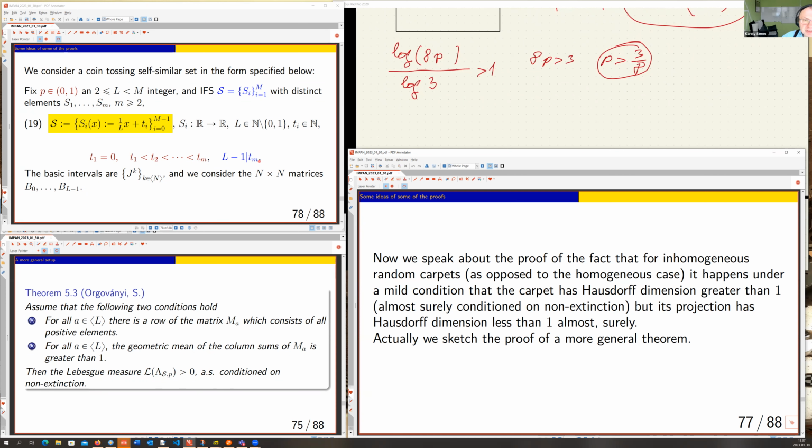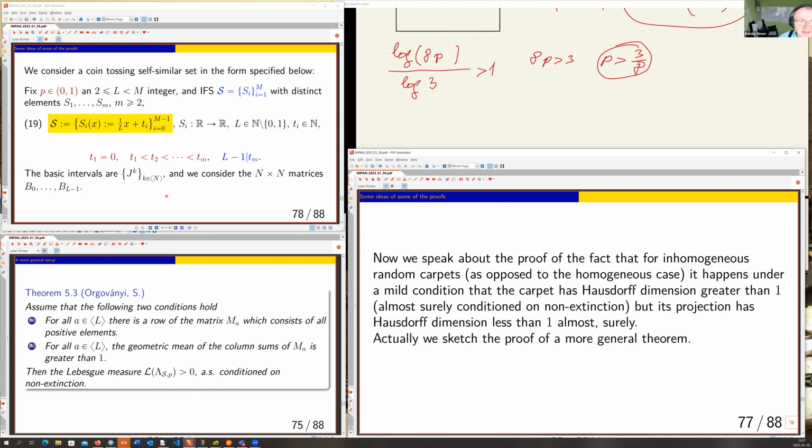And the last one, which is M minus 1, should be a multiple of L minus 1. This is not a restriction. You can always multiply with a number, so you can achieve this as soon as these translations are rational numbers.